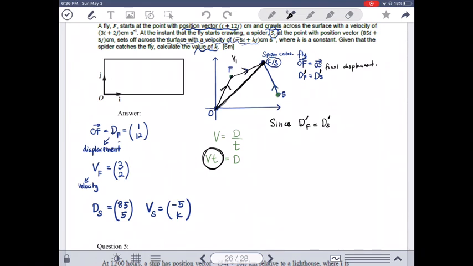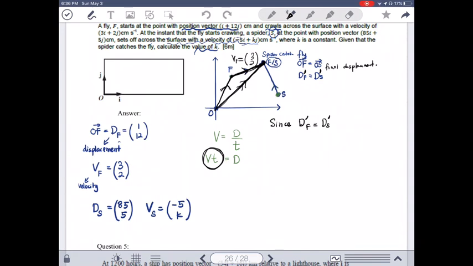The final displacement of the fly is just equal to the displacement OF plus the displacement from F to here. But here we do not have the displacement vector, but we have the velocity vector, which is 3, 2.